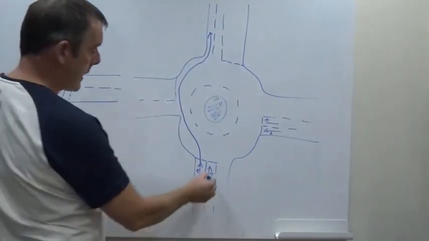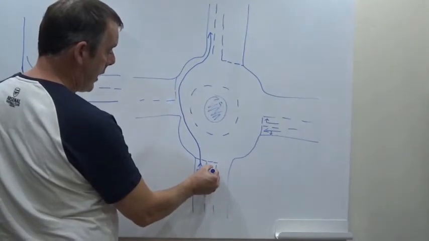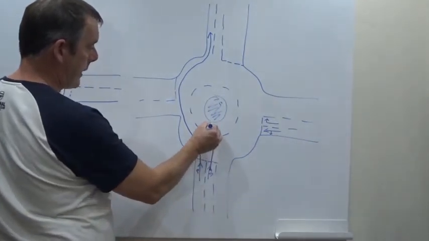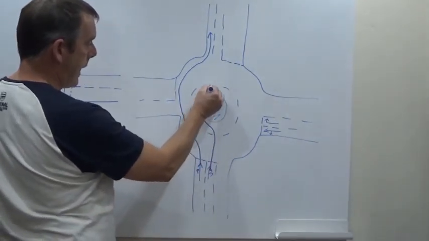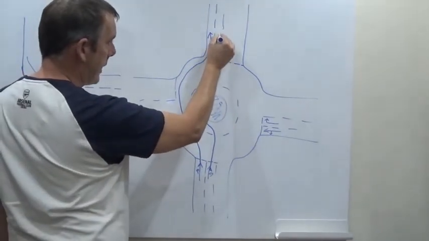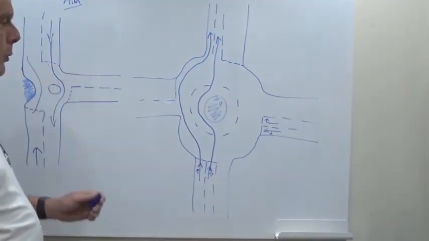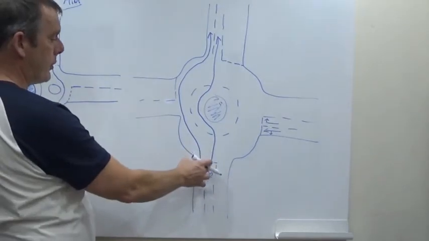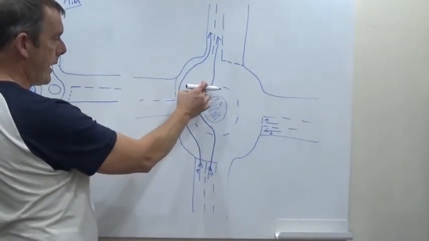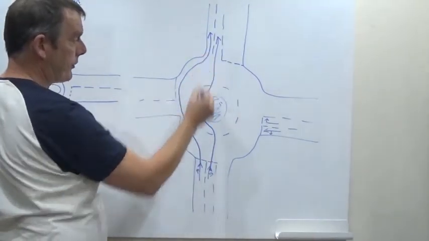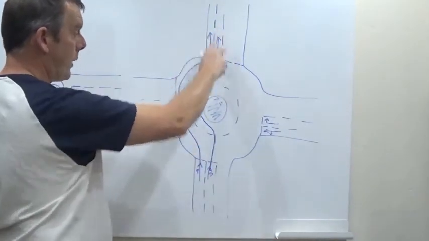If we're using the right-hand lane to take the road ahead, we come in on the right-hand lane, stay in the right-hand lane on the roundabout, and come off in the right-hand lane. What we shouldn't be doing, if we're using that right-hand lane to take the road ahead, is coming off into the left-hand lane. We need to hold our lane.